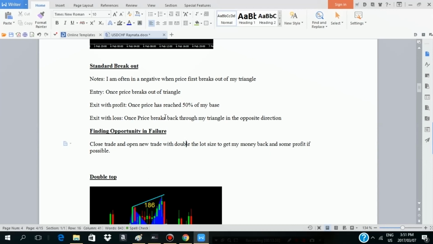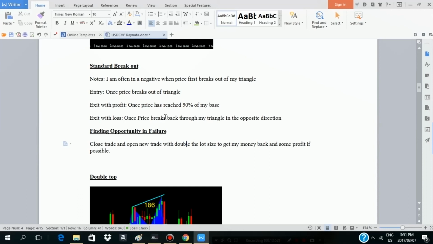So that when you see negatives, you know exactly what you need to do. Instead of being afraid of making a loss, you embrace it and say, okay, I am in a loss. What is my next best step according to my pattern? And you just keep doing this until you get it right.